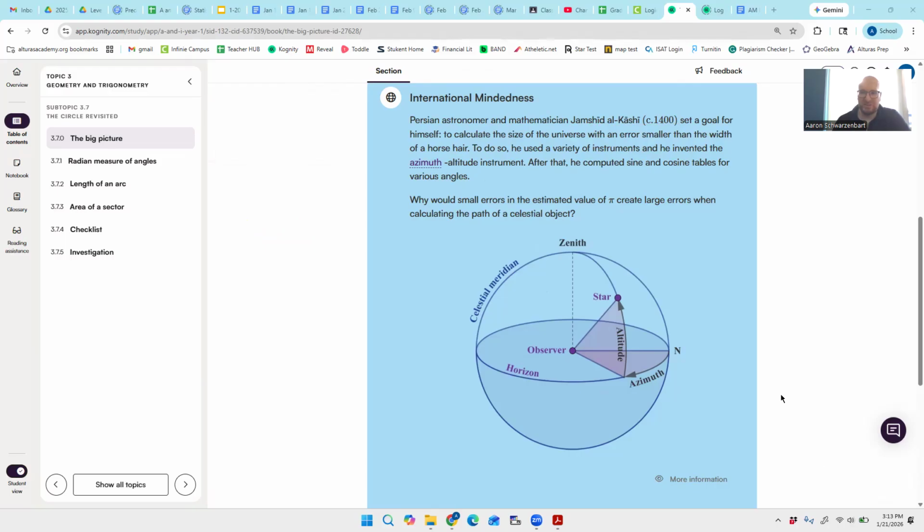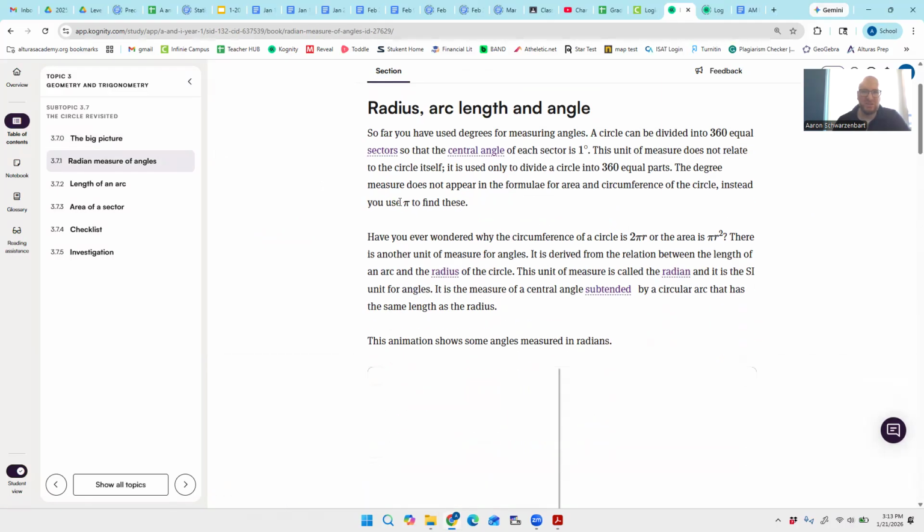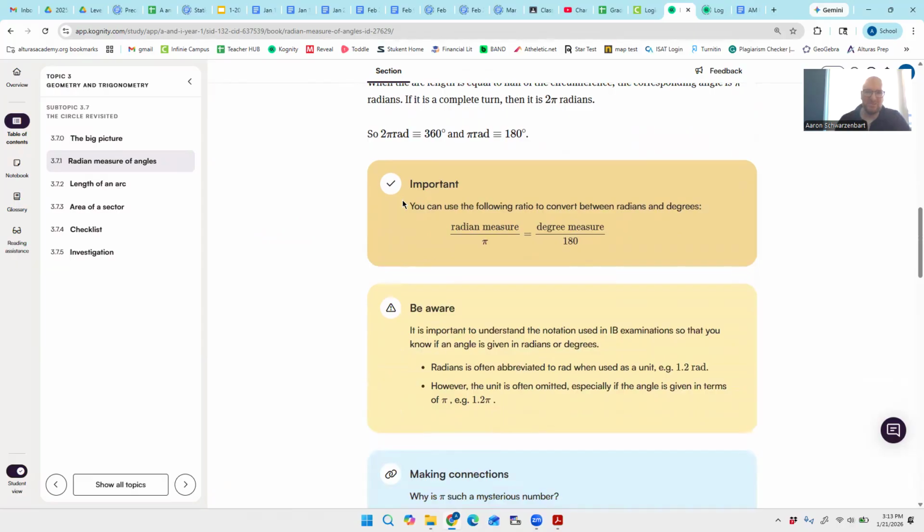So, radians. Radians are simply another way to measure an angle that is related to the radius. The definition of radian: to convert degrees to radians, you multiply by pi over 180.